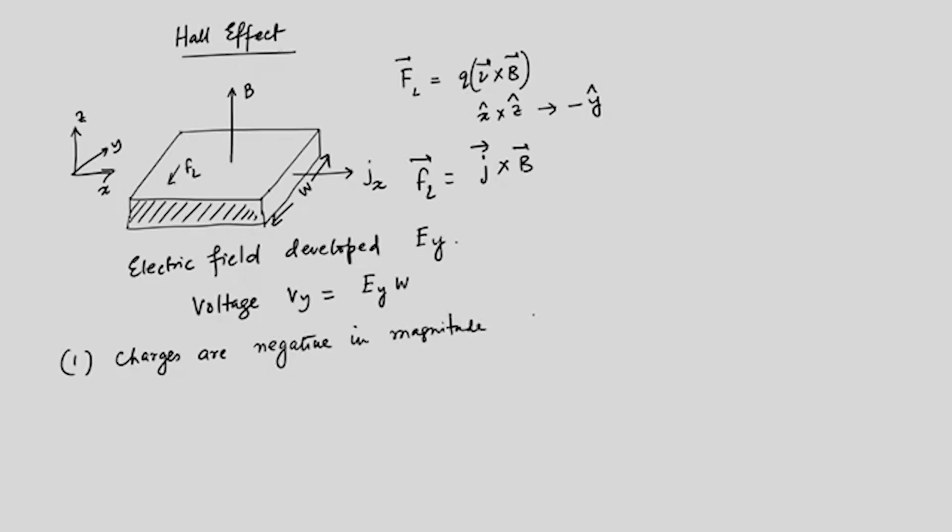So the charge is minus q, and in that case Jx is equal to minus q n Vx, n being the density of the carriers, because the charges are flowing along the x direction. Here q is of course the magnitude of the charge, and n is the density of carriers.